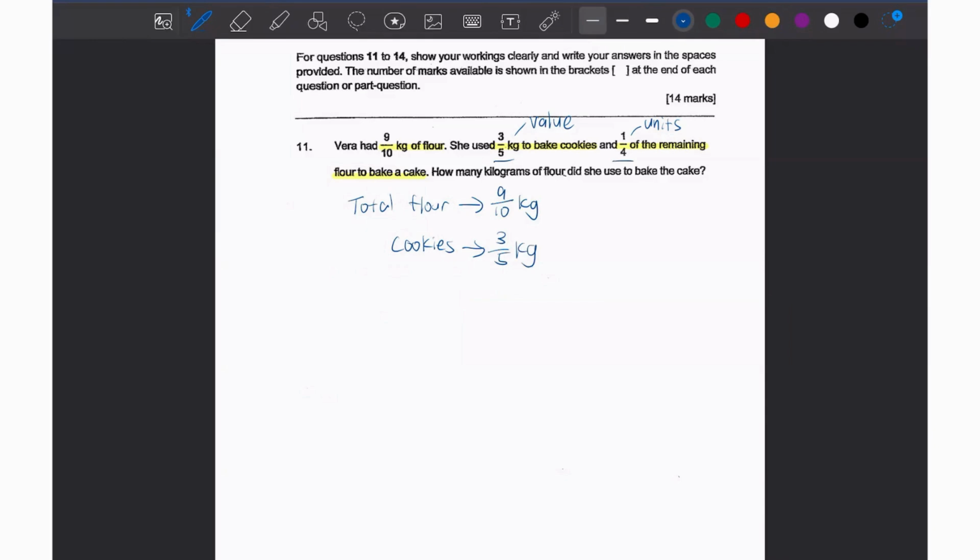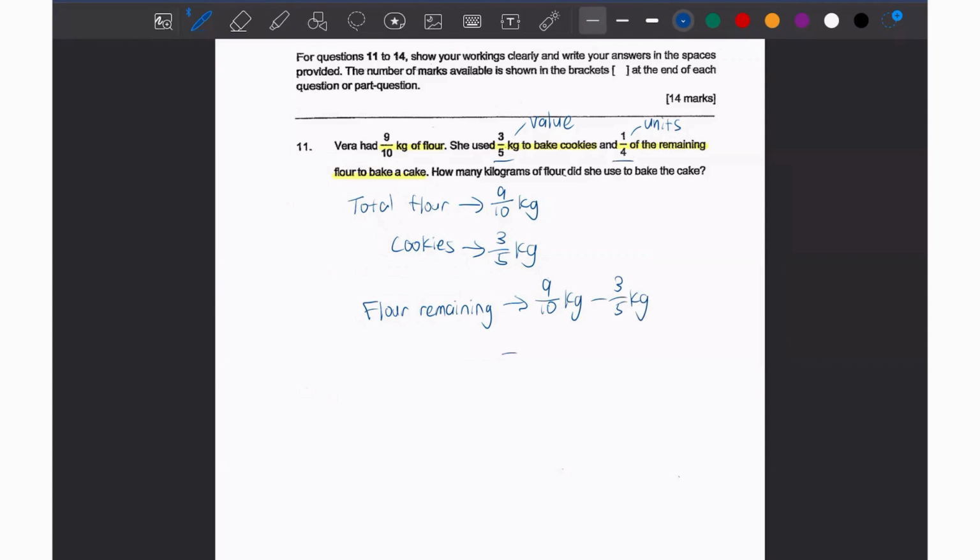So what is the flour remaining after she baked? She used 3/5 kg to bake the cookies. So the flour remaining will be my total, which is 9/10 kg, subtract away how much you used to bake the cookies, which is 3/5 kg.